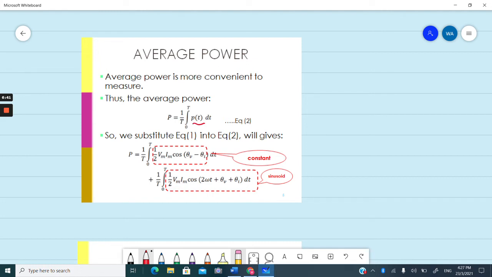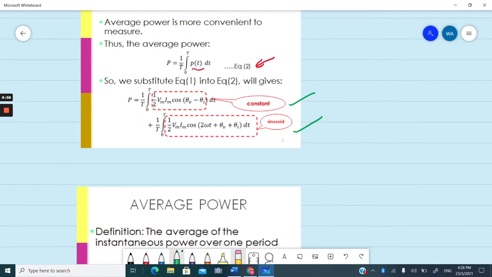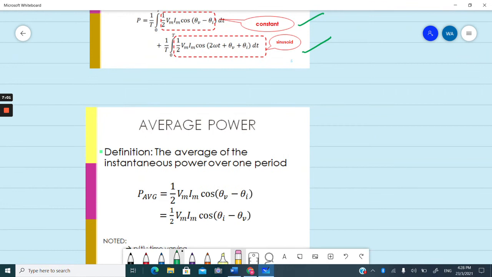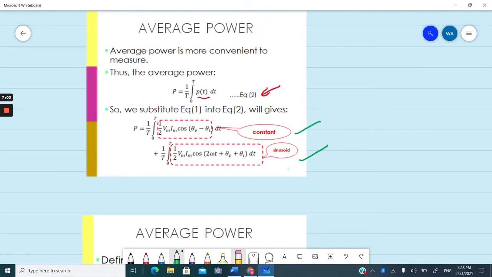We substitute that equation into this equation, and you will get two components of power, which are a constant and a sinusoid component. By the definition, the constant term is the average power.